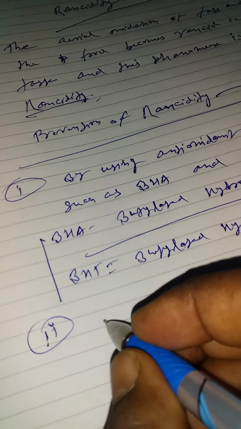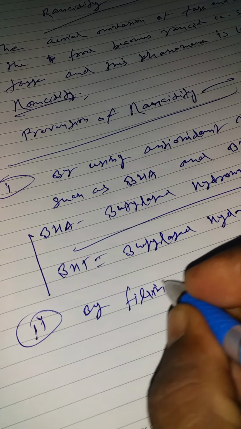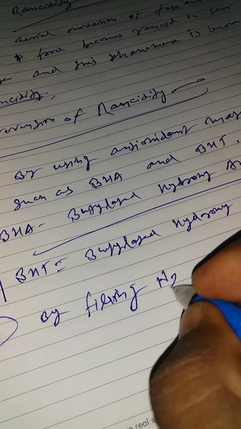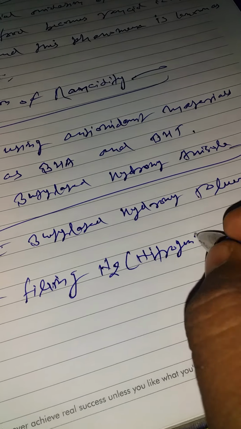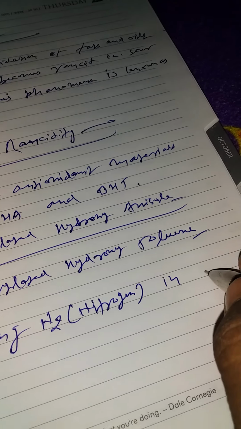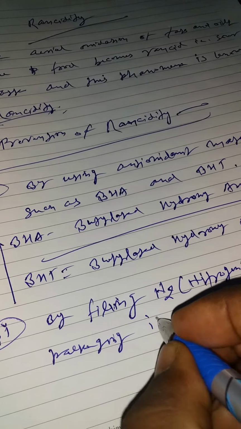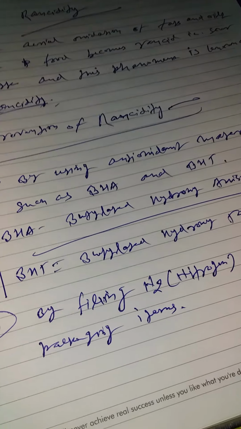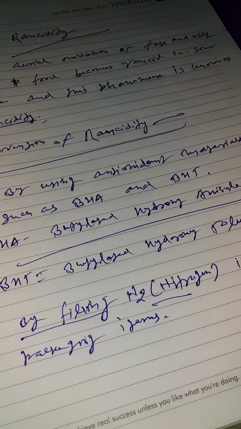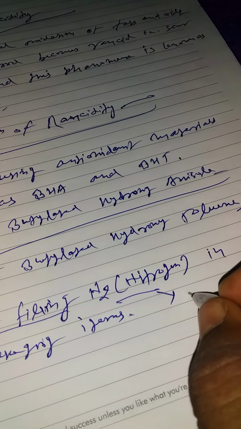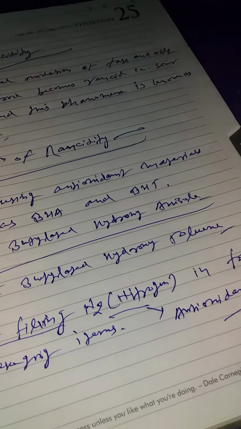Then next point, by filling nitrogen gas in food packaging items such as moong dal, kurkure, etc., in which we fill nitrogen gas, and this nitrogen gas is also an antioxidant in the form of gas.